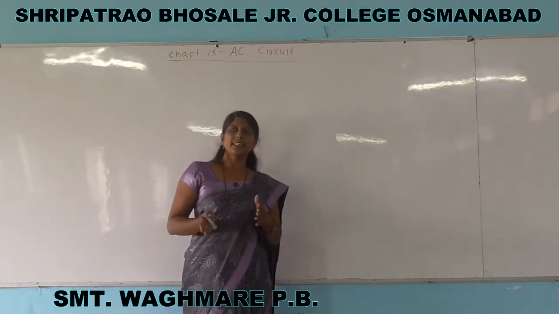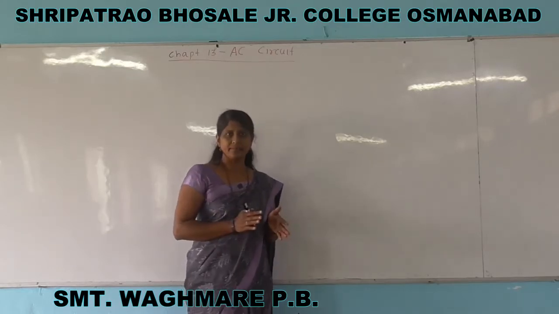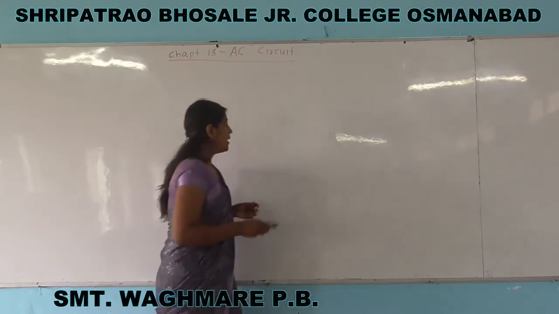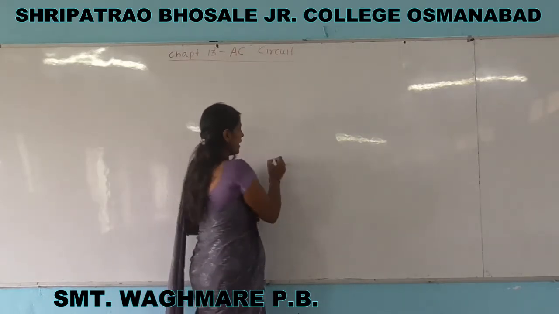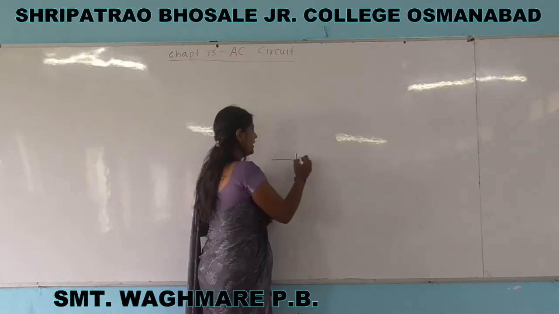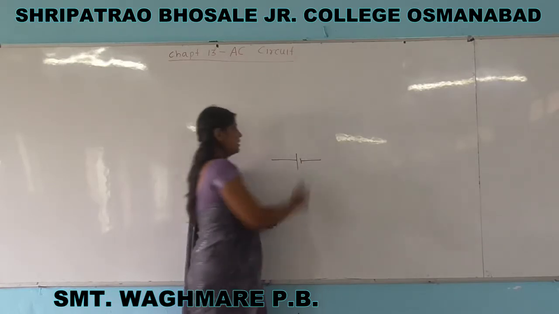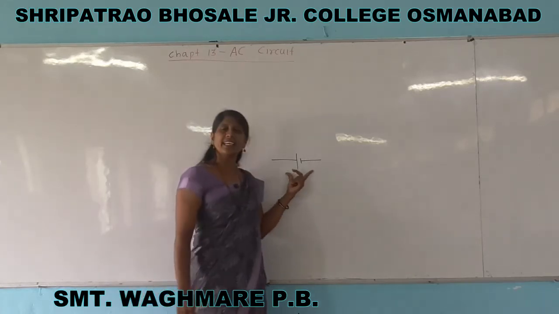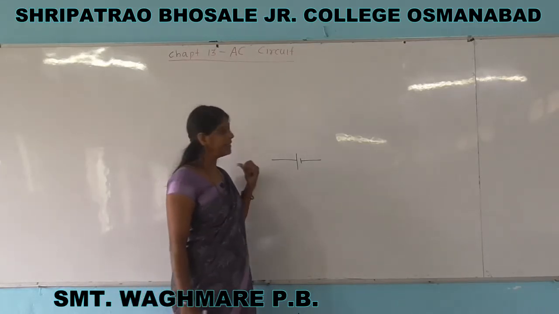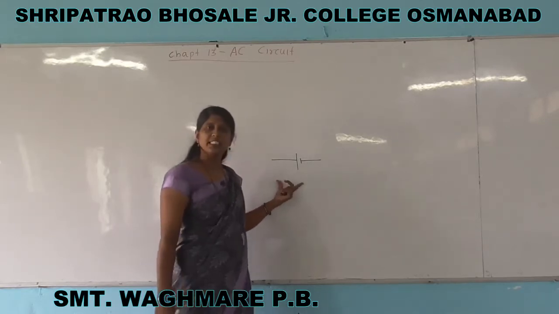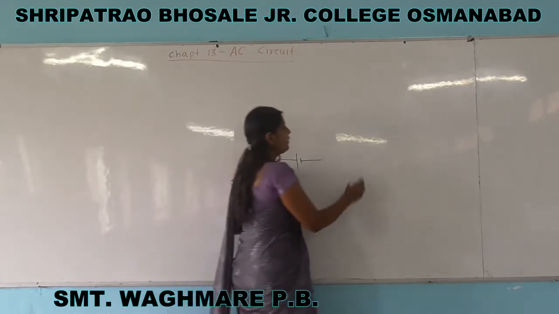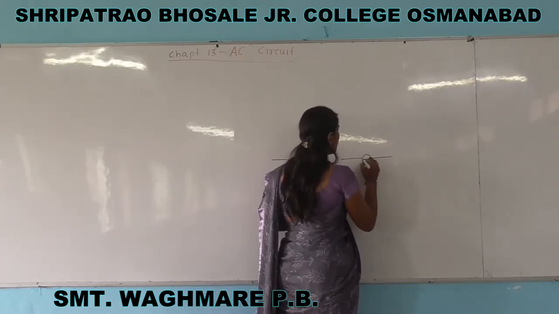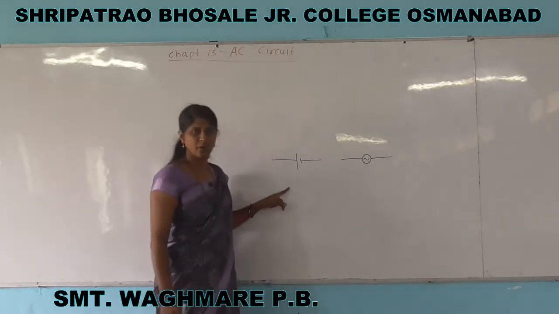Or we can say that in DC supply, the polarity of supply remains constant. When we provide a DC supply to any component, this is the symbol of DC supply, or we can say this is the symbol of a cell or battery. When we use AC supply, we use this type of symbol.